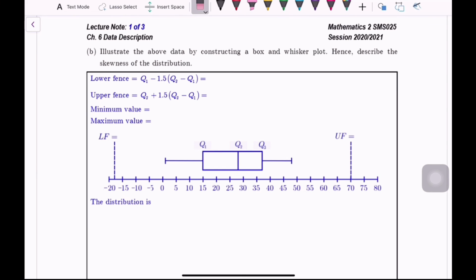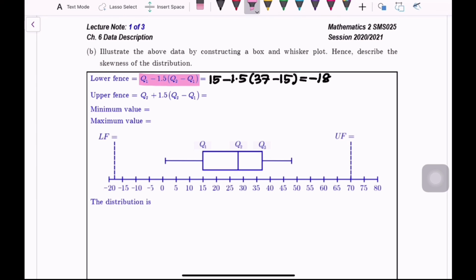Illustrate the above data by constructing a box and whisker plot. Hence, describe the skewness of the distribution. First, we determine the lower fence using the formula Q1 minus 1.5 times (Q3 minus Q1). So 15 minus 1.5 times (37 minus 15) is equal to negative 18.